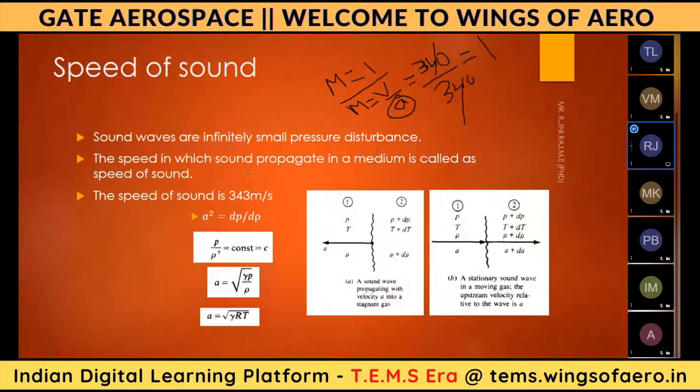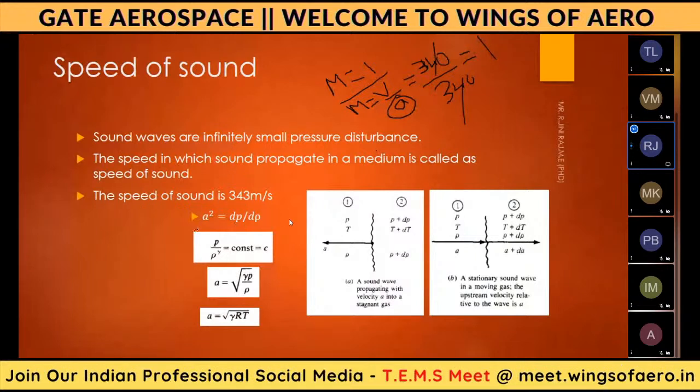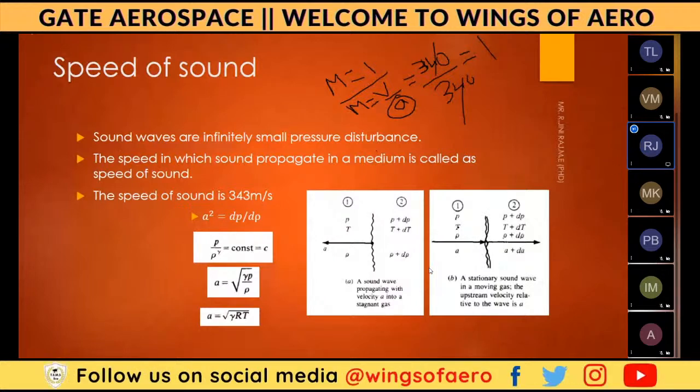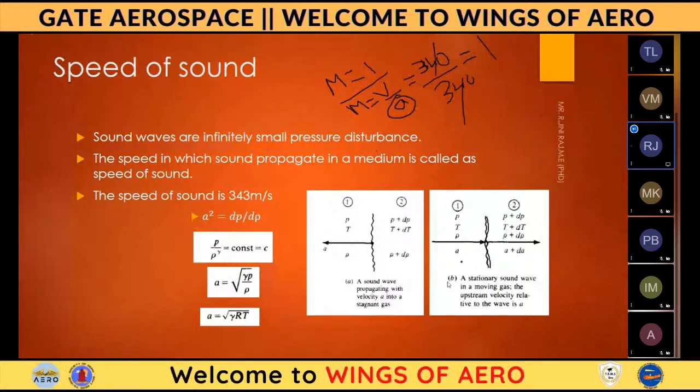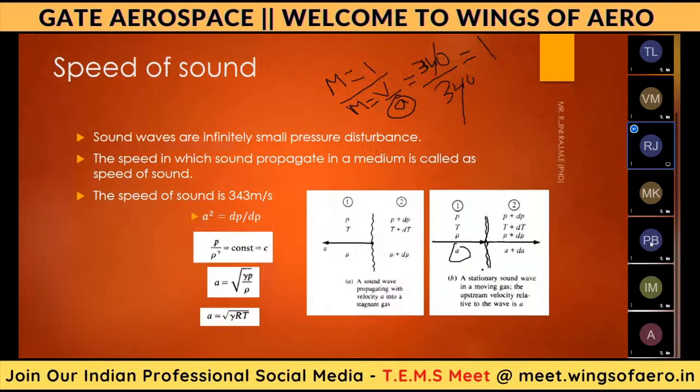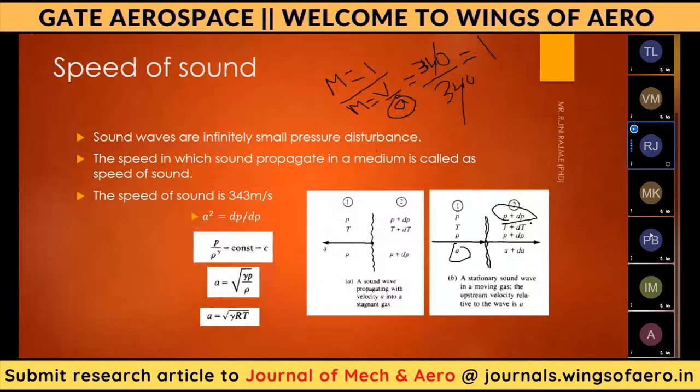Here we can see the disturbance or sound wave. The properties before the sound wave propagates are pressure P, temperature T, density rho, and velocity of the wave is A. If the sound is moving in a gas, then after that disturbance, the properties will be P plus dP, T plus dT, rho plus d rho, and A plus dA.